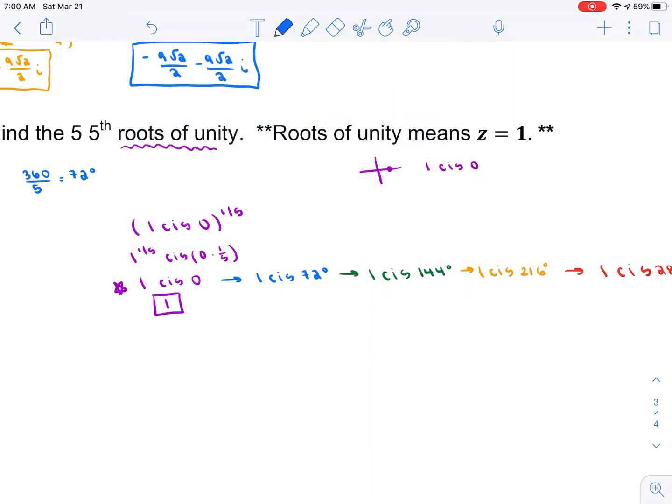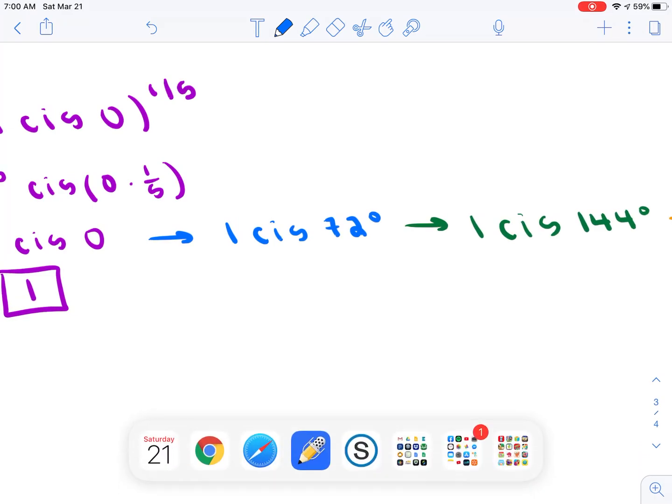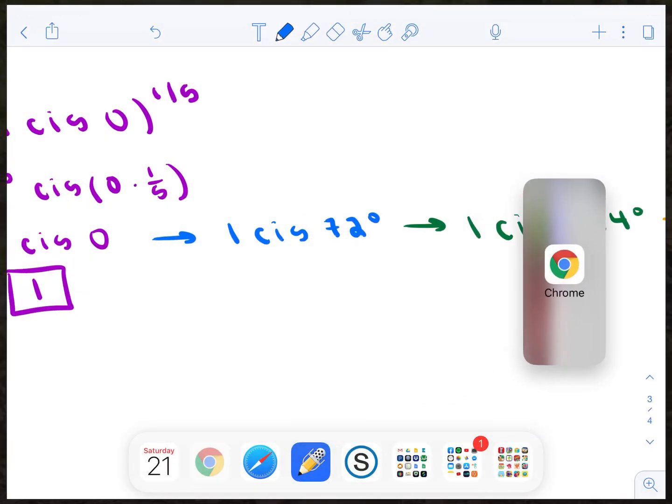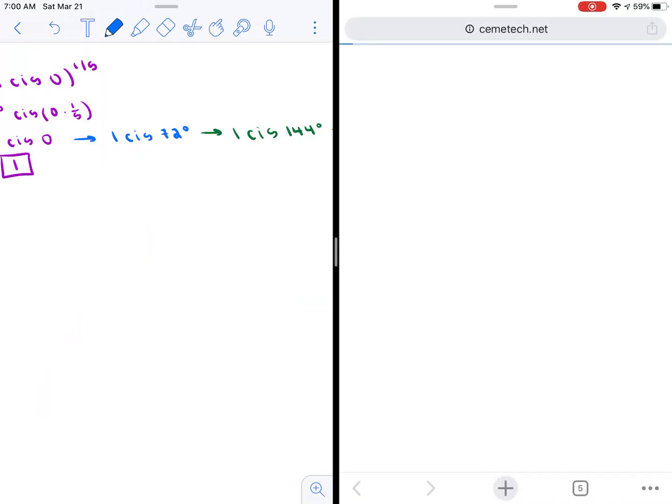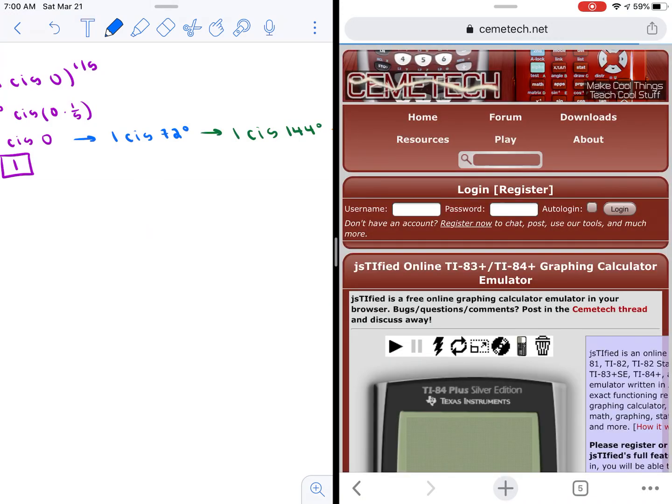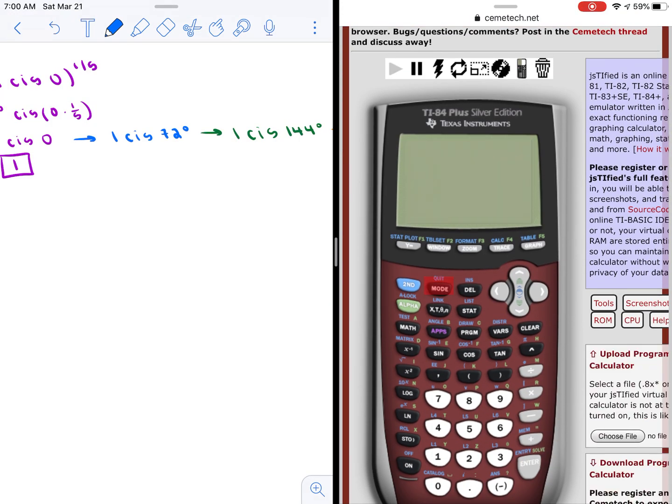Now this one, you would have to get decimal answers for because 72 degrees is not one of our nice angles. So if you were to go to your calculator and actually find this, make sure your mode is in degree, unless you kept yours in radian.